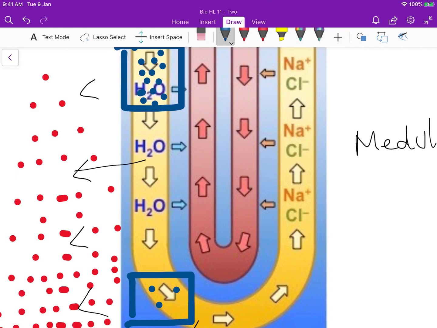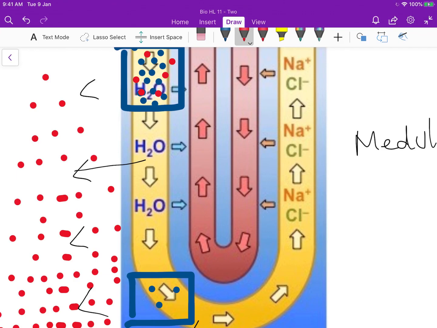Now the other thing which would also be in the filtrate going into the loop of Henle is there will still be some salts. So I'm going to draw 1, 2, 3, 4, 5, there's 6 there.